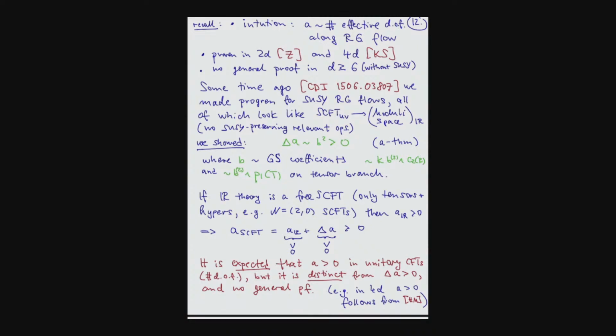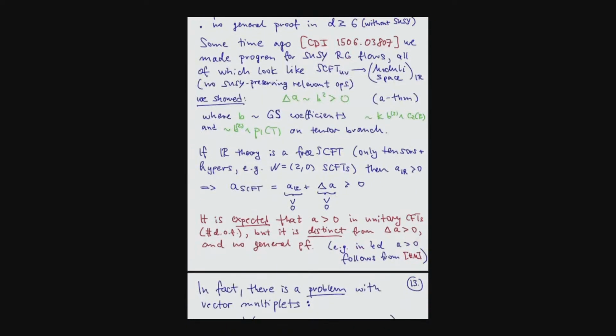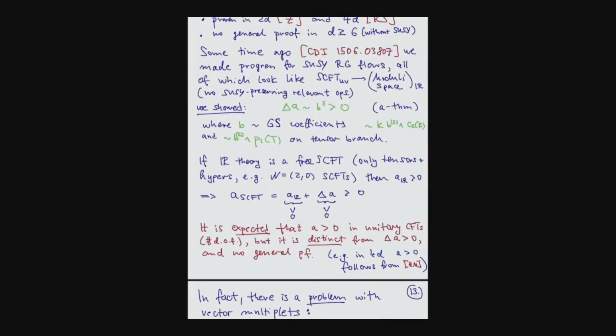And therefore, delta A is the same as the A of your UV CFT, which is therefore positive by the A theorem. But in a chiral theory, it's not always possible to flow to a gapped phase. You might be prevented from doing that by various anomaly considerations. So it actually turns out to be a non-trivial question to prove whether or not 6-dimensional superconformal field theories have positive A anomalies.